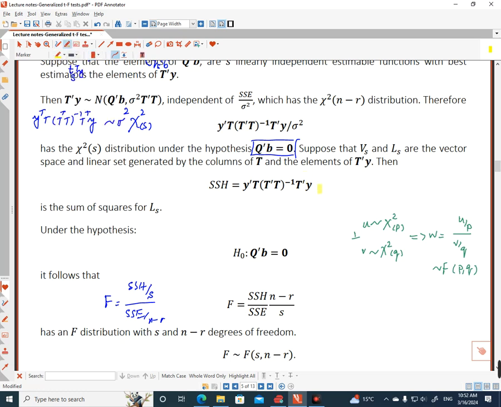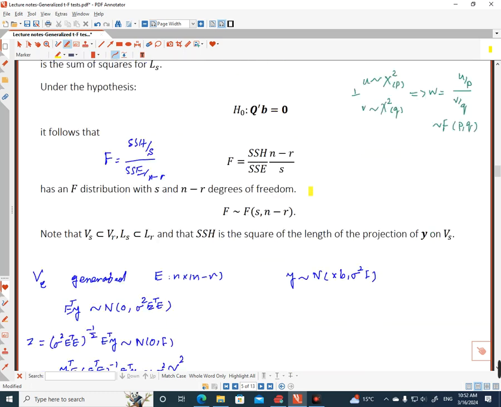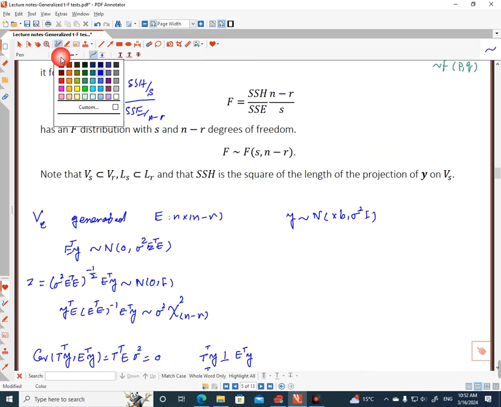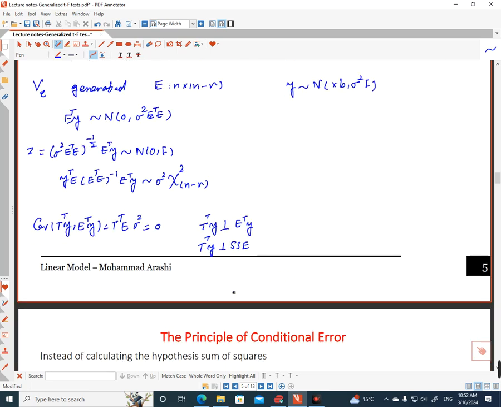We can compute SSH directly, or we can compute SSH with another theory, which I call the principle of conditional error. So the computation is in two directions: we directly compute the SSH, and we can also compute it indirectly, using the principle of conditional error.